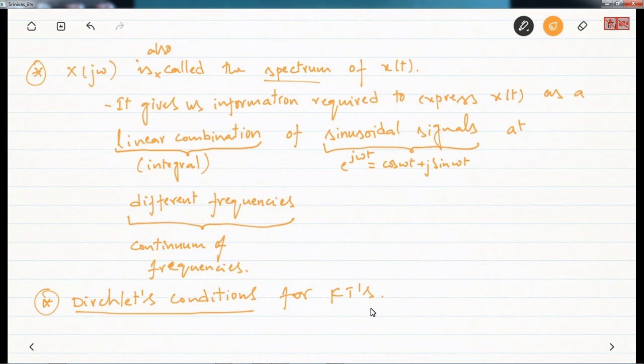Similarly, here for the Fourier transforms, we will have three Dirichlet's conditions. So given an aperiodic signal x of t, we will say that the Fourier transform exists for this x of t only if x of t satisfies all three Dirichlet's conditions, right? So let's write this down.